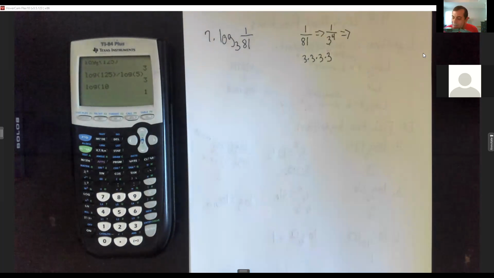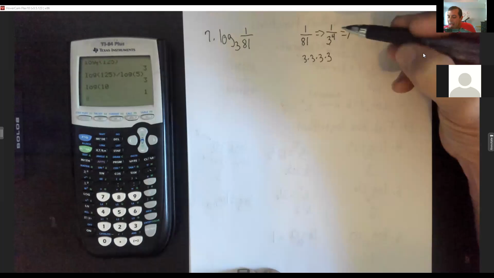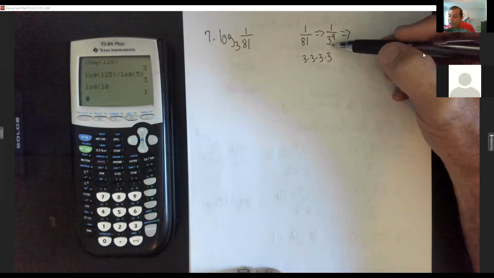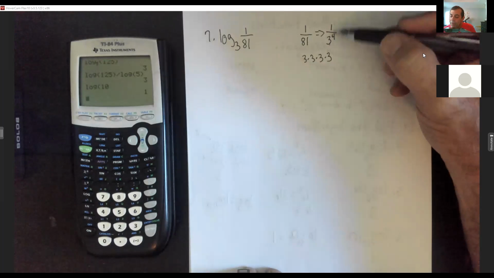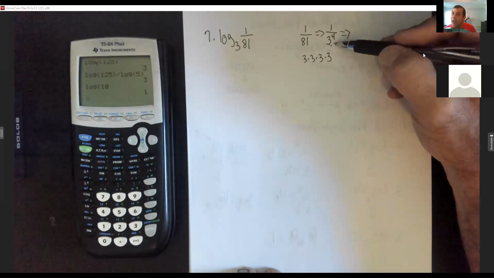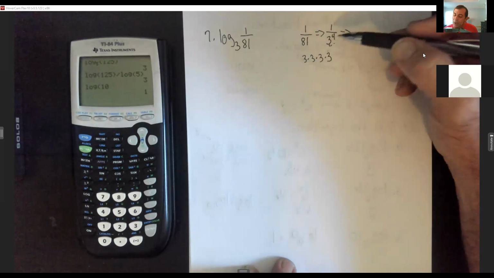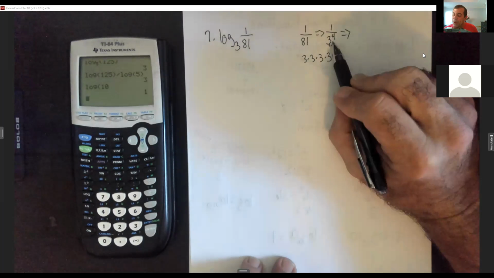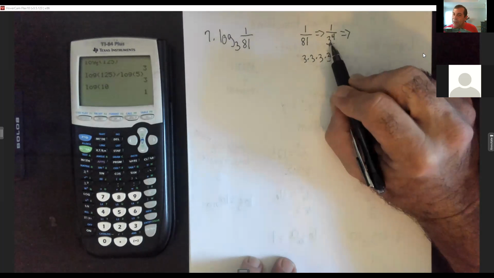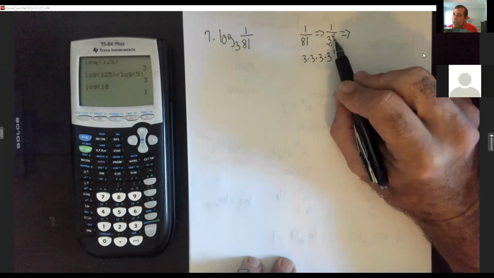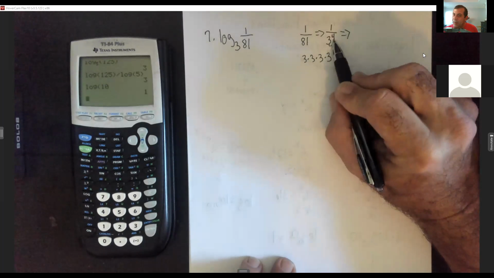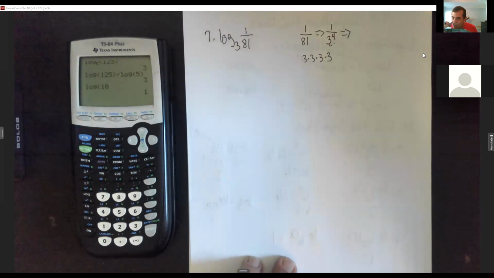Y'all watch this. I don't want this to be 1 over 3 to the 4th. I'm going to move this 3 up so it doesn't look like a fraction. Here's a question. If I move this 3 up to the top, what am I going to do to that exponent? Do y'all remember?